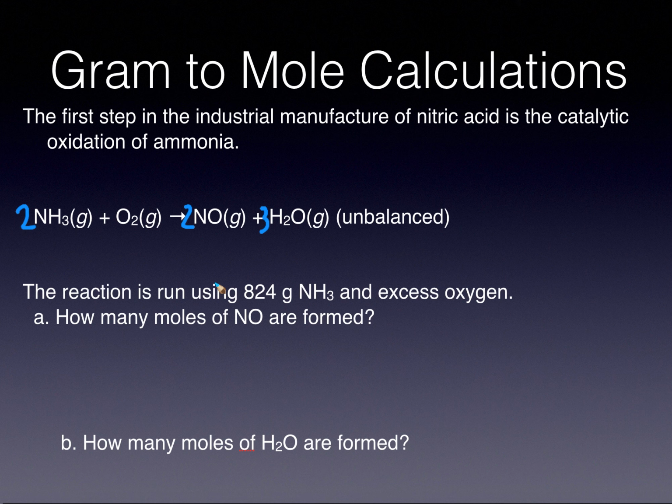Remember, we can never have a fraction as our coefficient. Because I look here, I have 5 on this side and 2 on this side, and 2 times what gives me 5, so it'll be 2.5.